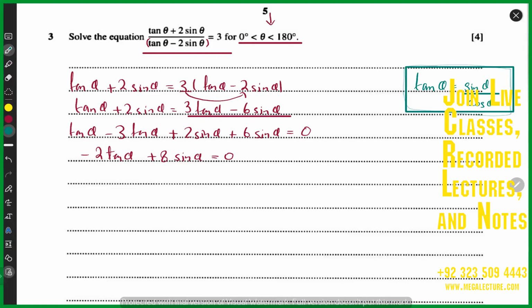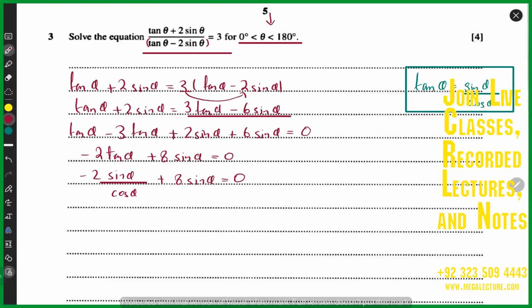This is something that we will be using here because I've told you in case of trigonometric equations, our end goal is to get rid of all the trigonometric functions and just find one trigonometric function in the equation. Okay, so minus 2 into sine theta divided by cos theta plus 8 sine theta equals 0.